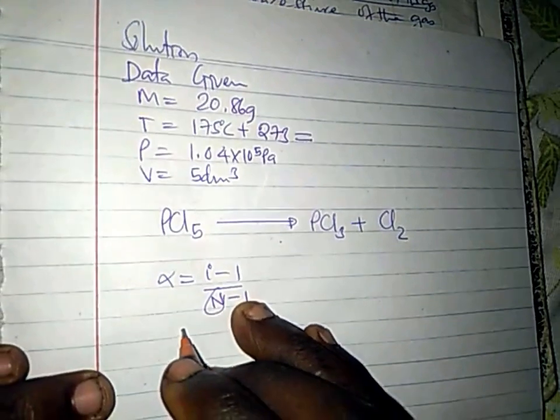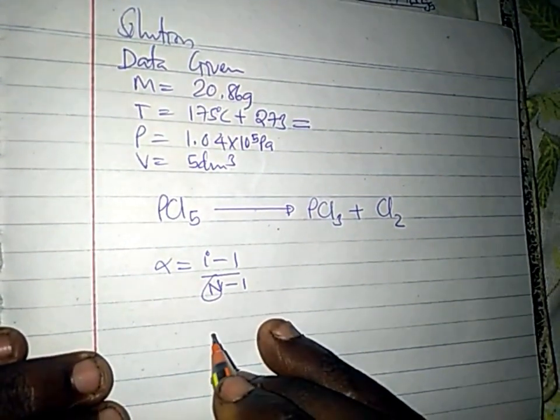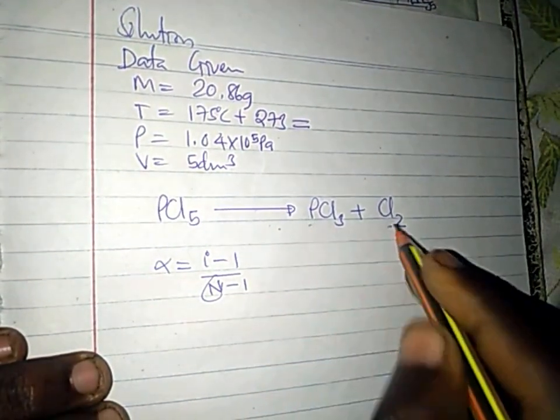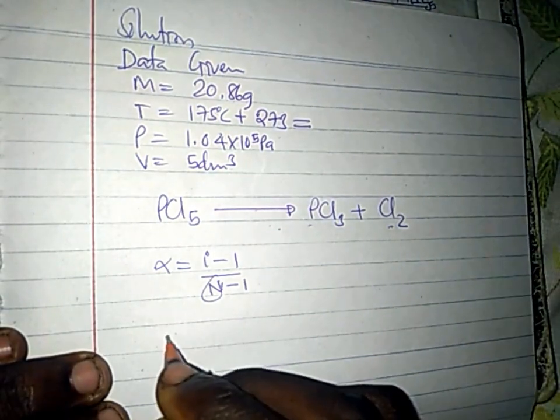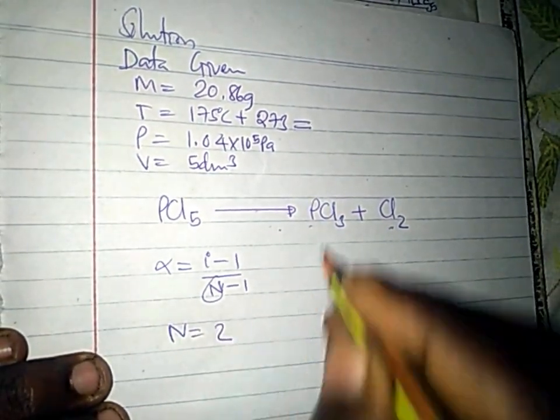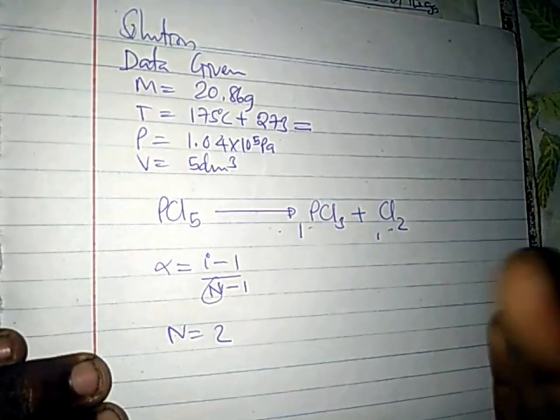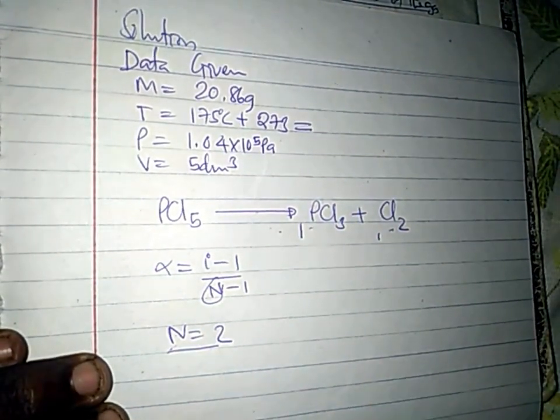If we balance our equation, we can see that only 2 particles have been formed after dissociation. So n will be equal to 2. That means here is 1 and here is 1, adding them, the sum is 2. So the number of particles after dissociation is 2.